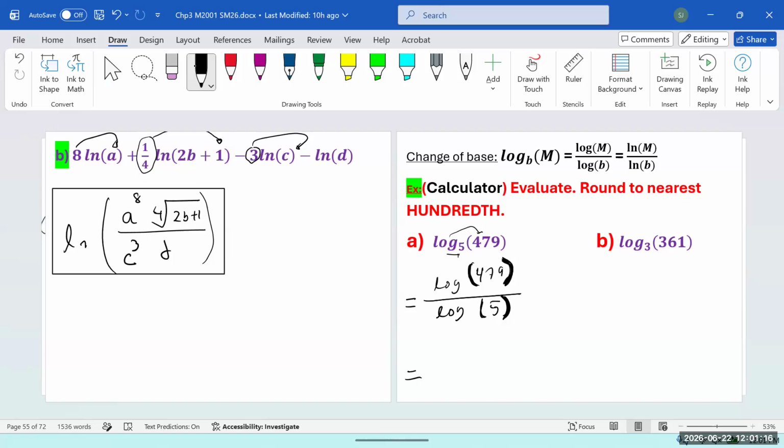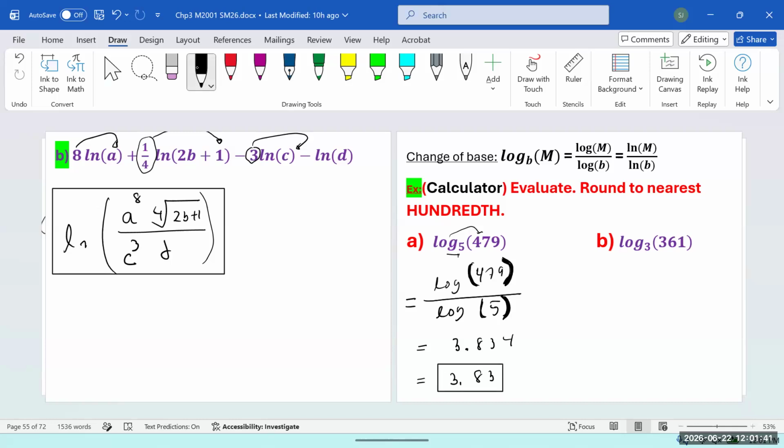Okay, who has an answer? How much? 3.8. Before rounding, tell me the answer, and then we're going to round together. 3.834. So 3.83.